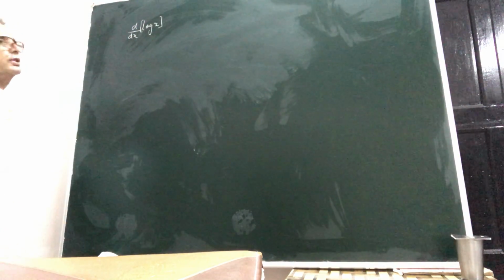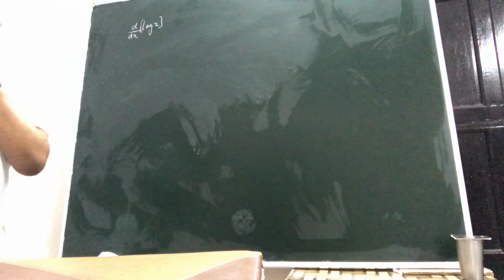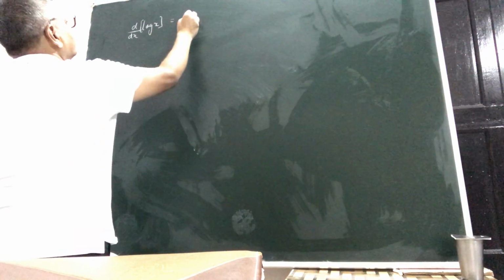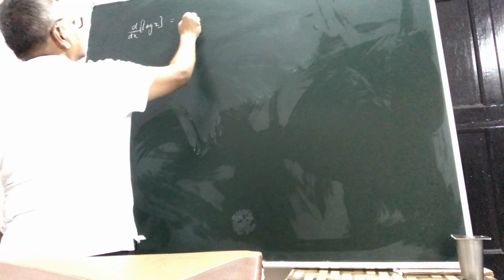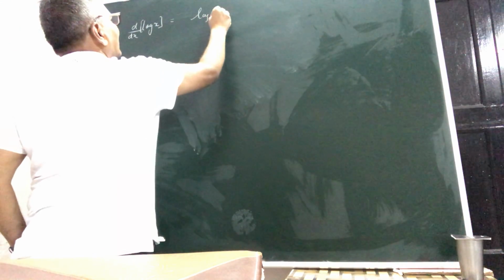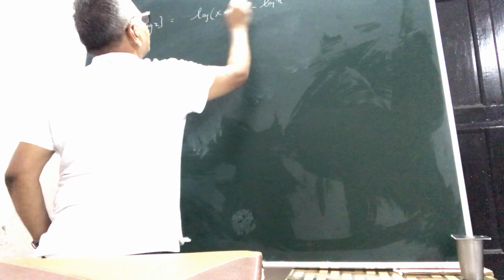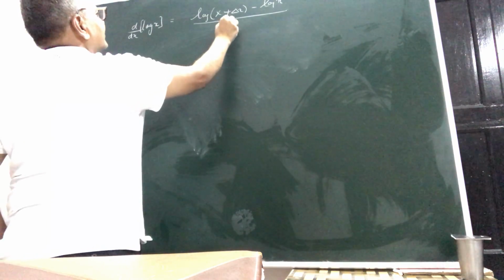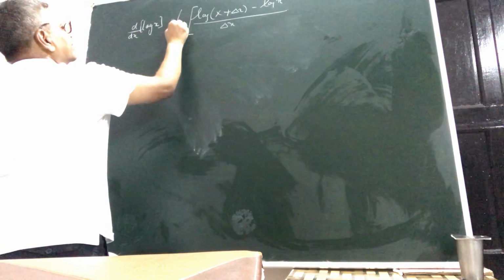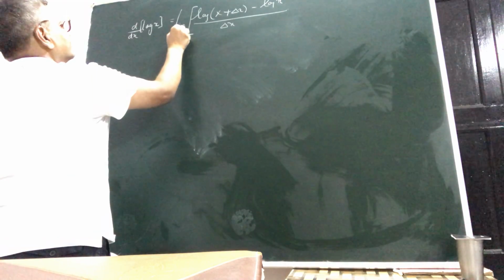So what you will do, you will invoke the general principle of differentiability, and that demands that d by dx of log x is nothing but the limit of log of x plus delta x minus log of x, upon delta x, as delta x tends to 0.